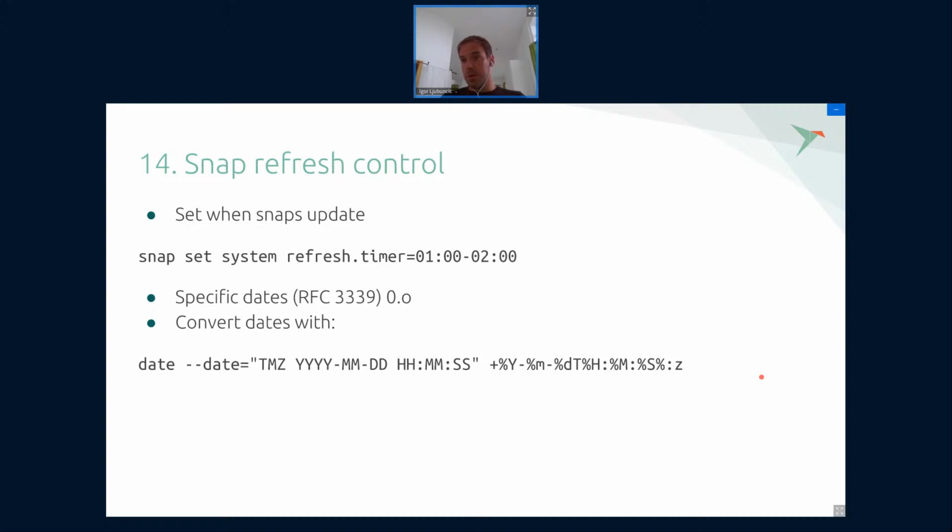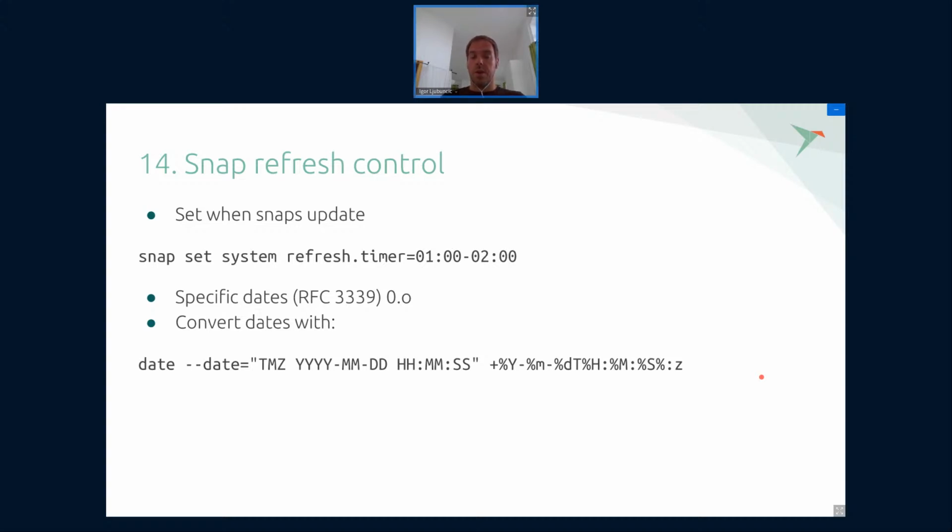There are multiple options. First of all, you can set almost like a cron, a specific timetable. You can say that updates only happen on Friday at 2 o'clock. You could also say that snaps only update every second Tuesday.